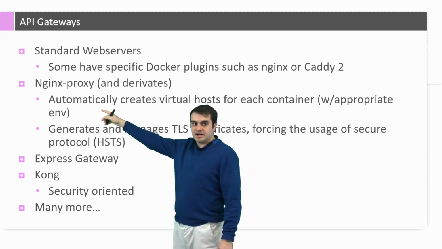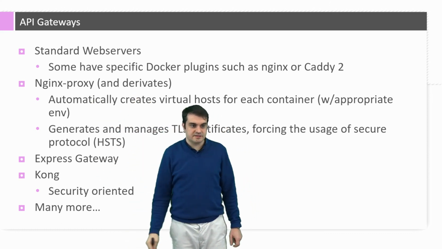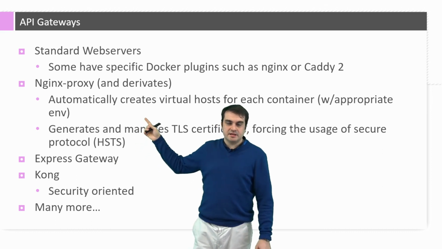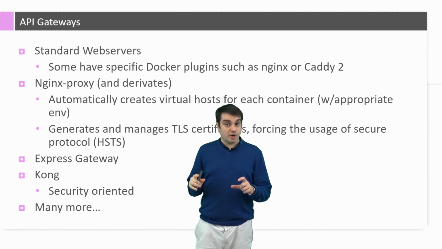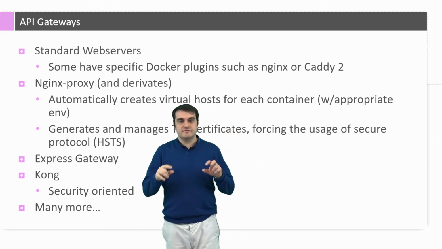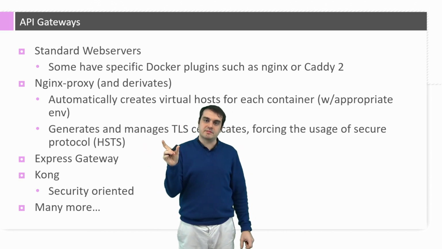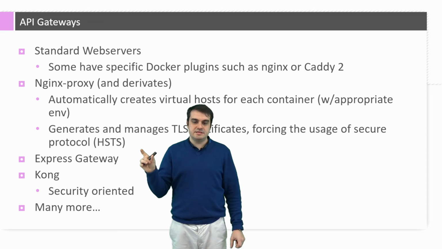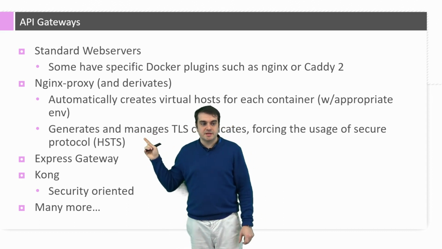For Nginx, in fact, there is an implementation called Nginx Proxy that has many derivatives, which typically set up a virtual host for every container that has the environment variable virtual host, and the value of this environment variable is the DNS name that we want it to respond to.